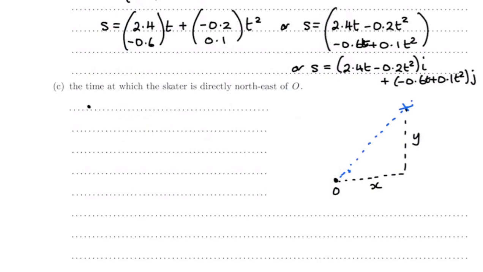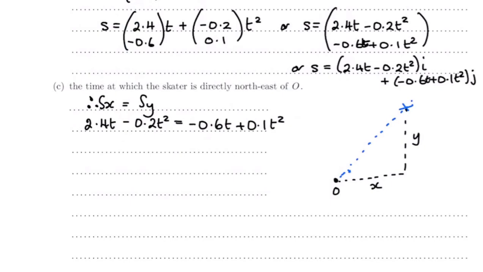If they are, then Sx must equal Sy, or the i components must equal the j components. So therefore 2.4t minus 0.2t squared must equal minus 0.6t plus 0.1t squared, and therefore you're going to solve that.